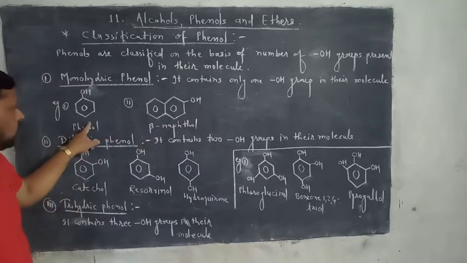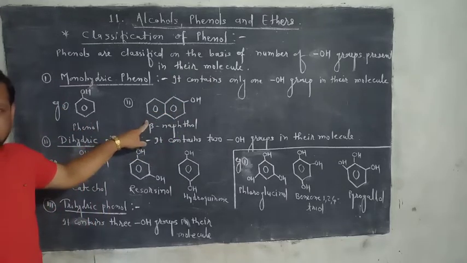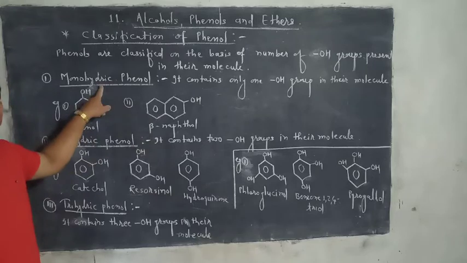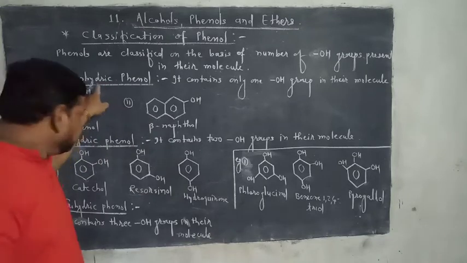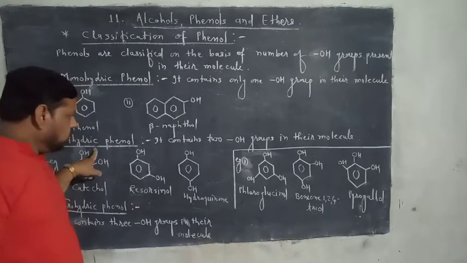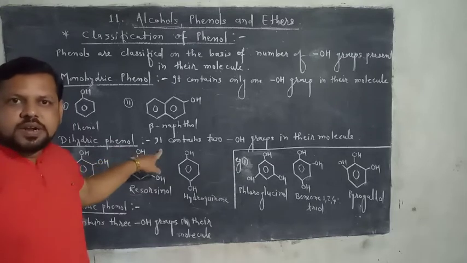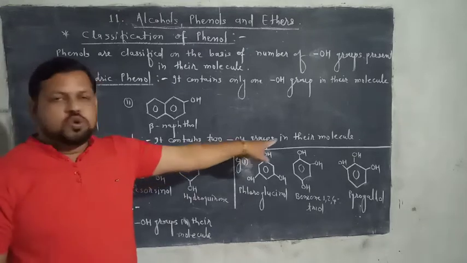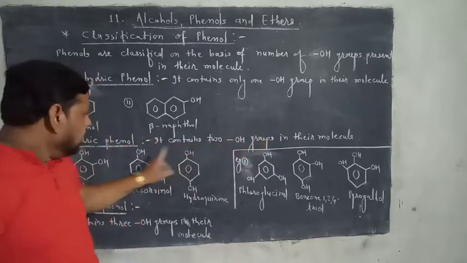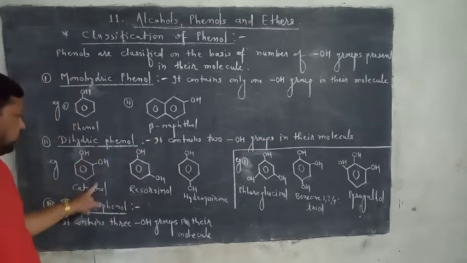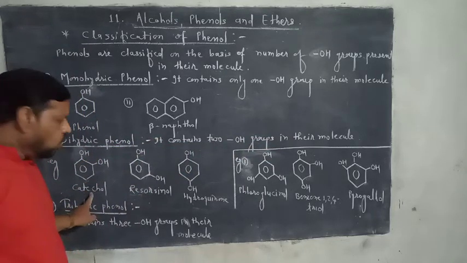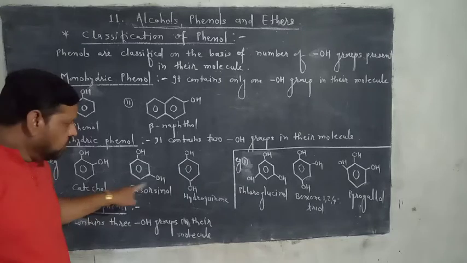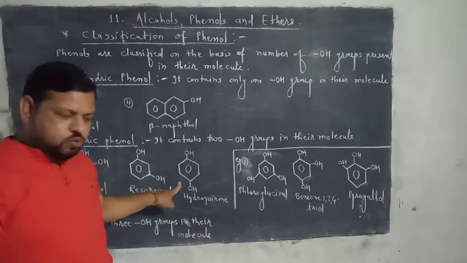For example, phenol and beta-naphthol. These are the examples of monohydric phenols. Second, dihydric phenols contain two hydroxyl groups in their molecule. Examples are catechol, resorcinol, and hydroquinone.